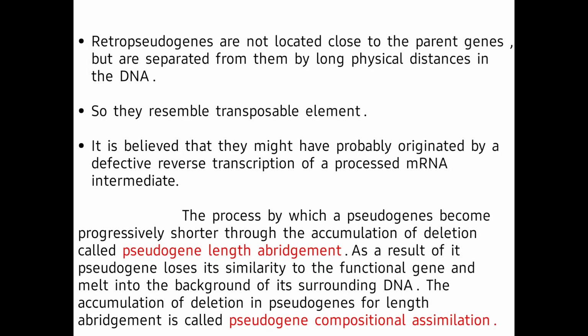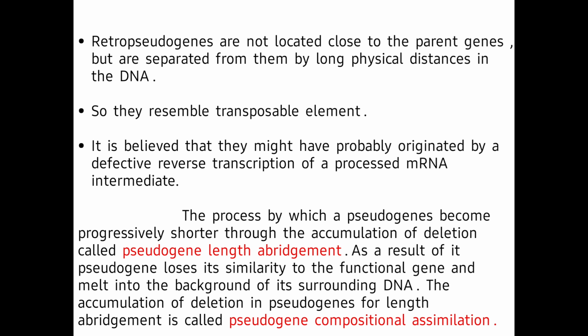And these retropseudogenes are not located close to the parent gene. In orphans, we said they are located close to their parent gene, but retropseudogenes are not located near the parent gene and are separated from it by a long physical distance in the DNA. So this resembles transposable elements.